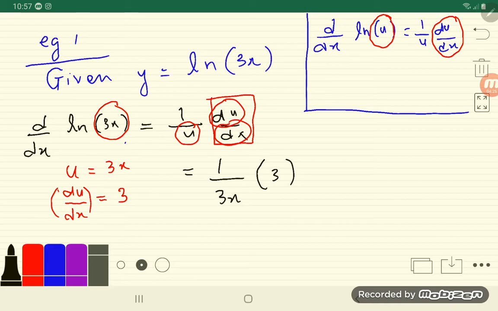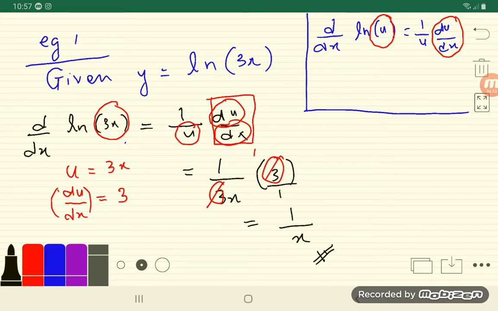If you simplify the multiplication here, 3 divided by 3 becomes 1. So the final answer will be 1 multiplied by 1 over x, so you are going to get 1 over x. So this is the final answer of your equation.